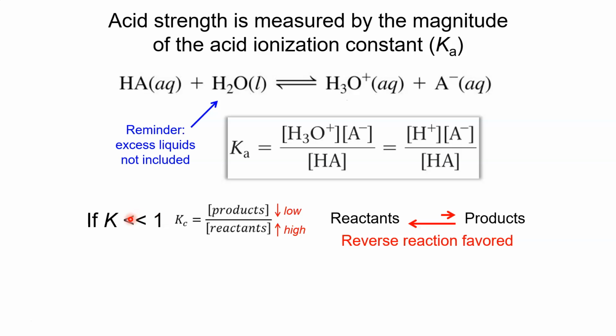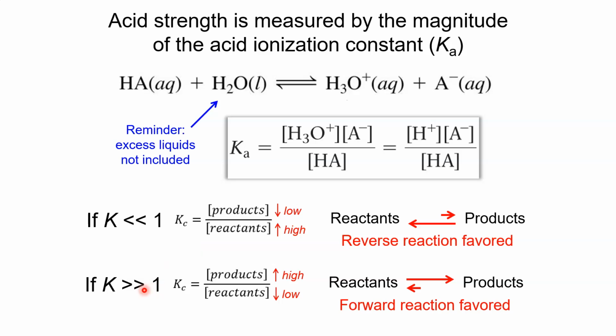If K is much less than 1, that means that the concentration of products is low and the concentration of reactants is high, and so the reverse reaction would be favored. If K is much greater than 1, the forward reaction is favored because the concentration of the reactants would be very low and the products would be very high, right?